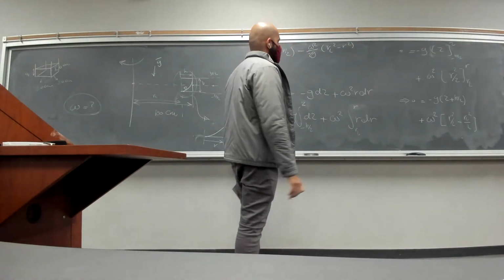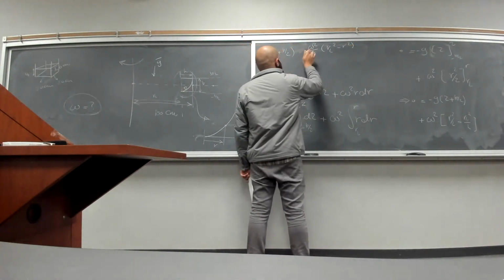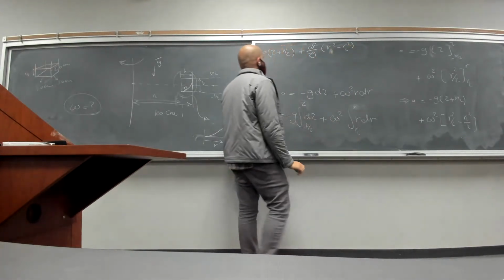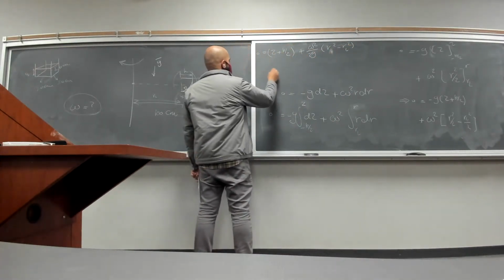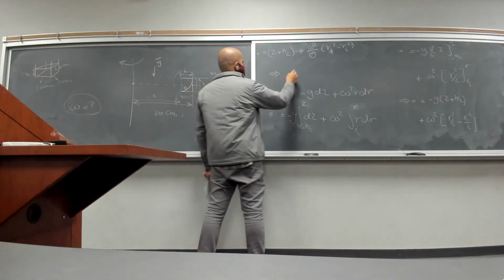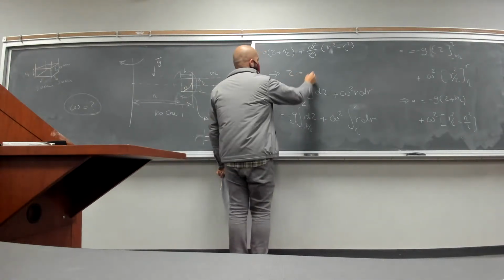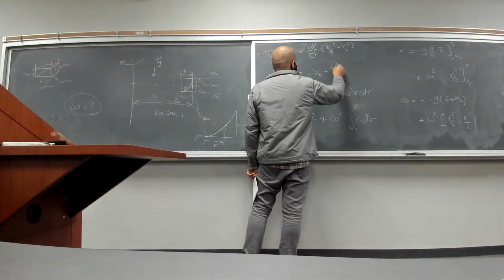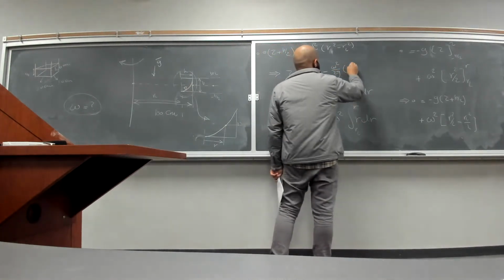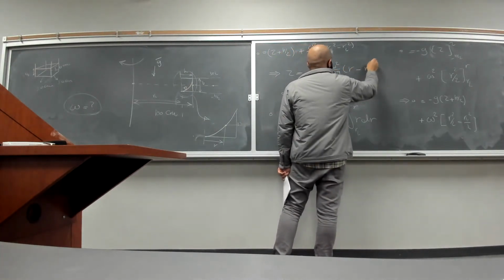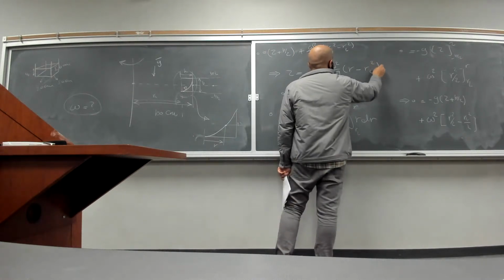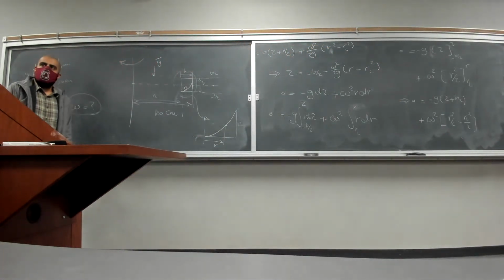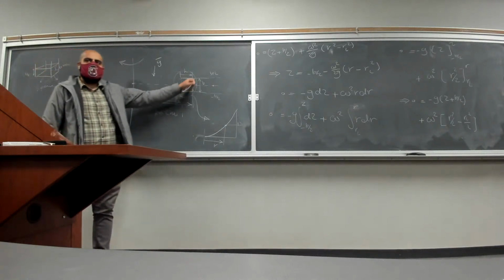We can take this negative inside as well to make it r squared minus R of L squared. And eventually move everything to the other side. So z is going to be negative b over 2 plus omega squared over 2g times (r squared minus R of L squared). So we have the equation of the line for the free surface.